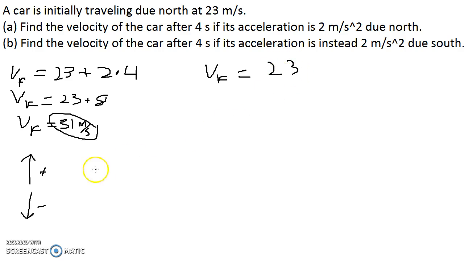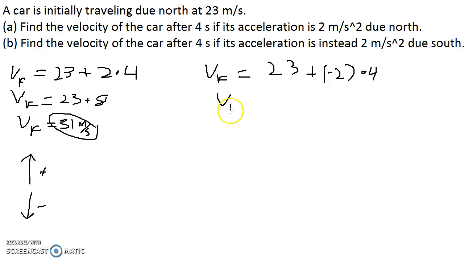Again, we're going to define positive as north, so our starting velocity is still 23. But this time, our acceleration is due south in the negative direction. So that 2 is actually going to be negative. Multiplied by the time, which is 4 still.